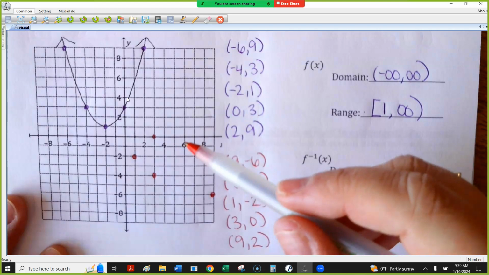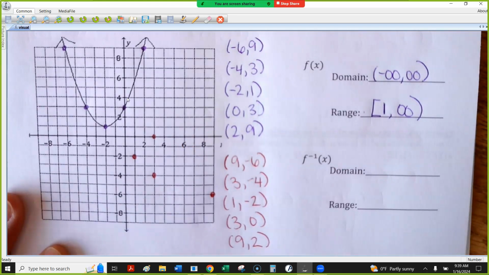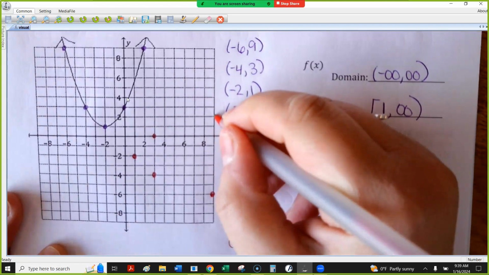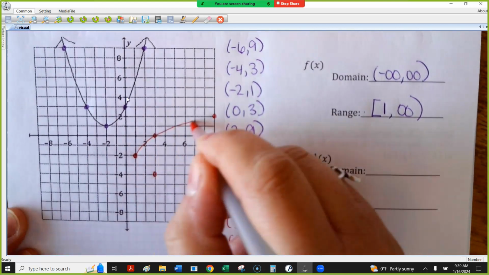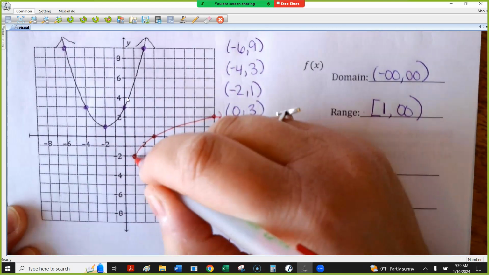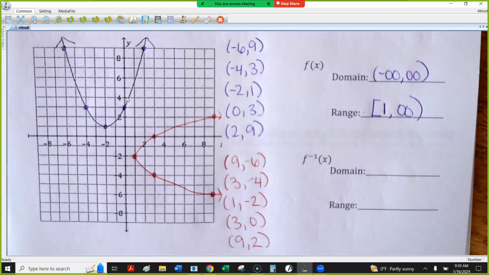Which point am I missing? There we go. Okay, and I'm just going to kind of try and draw the curve there the best I can. So it should look like a sideways parabola. All right, that's not the most perfect graph I've ever drawn, but whatever.